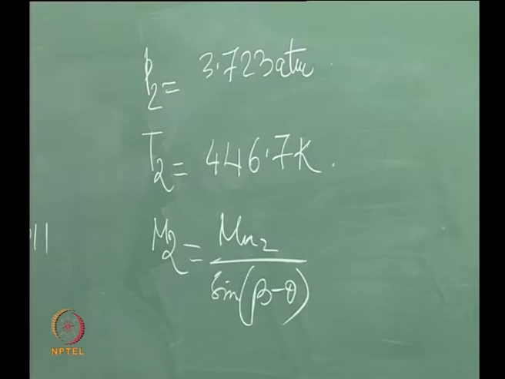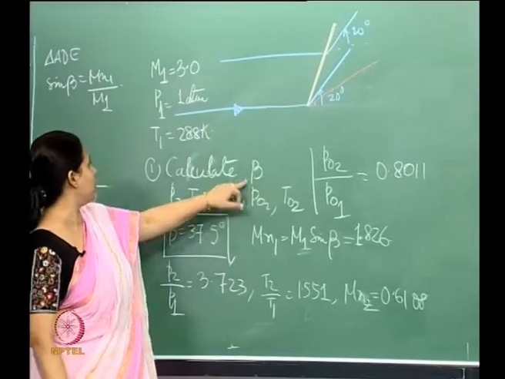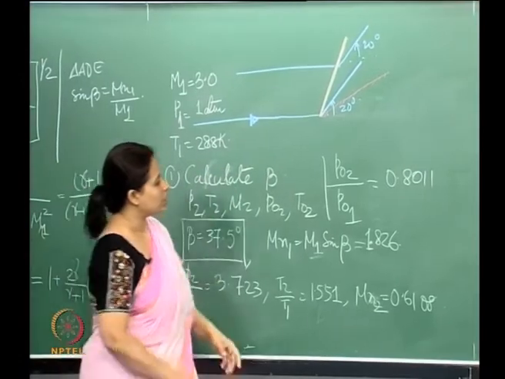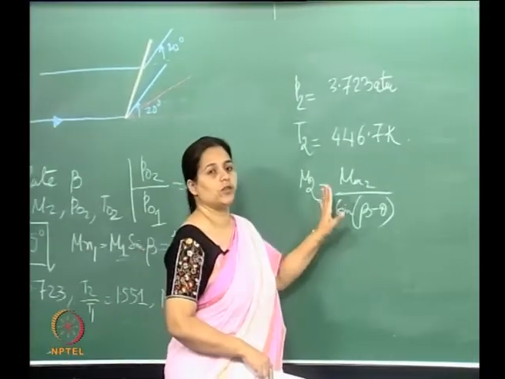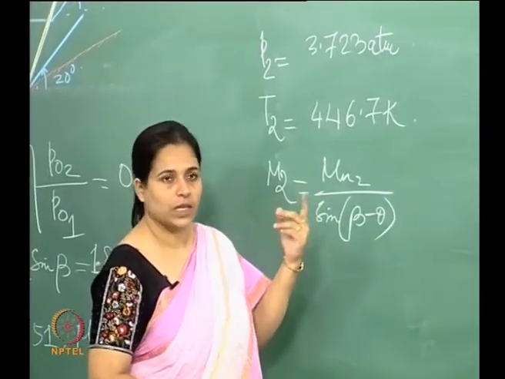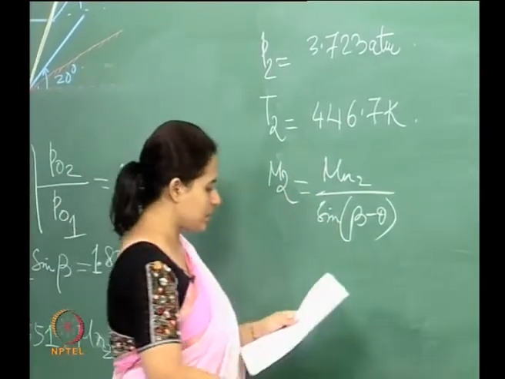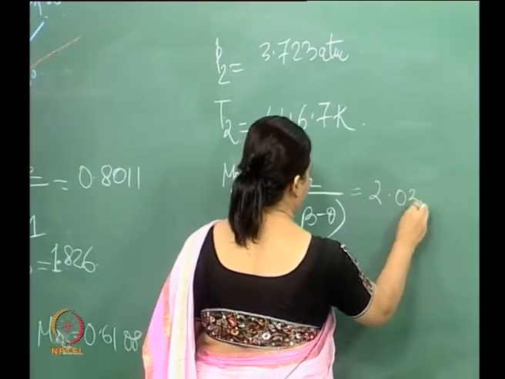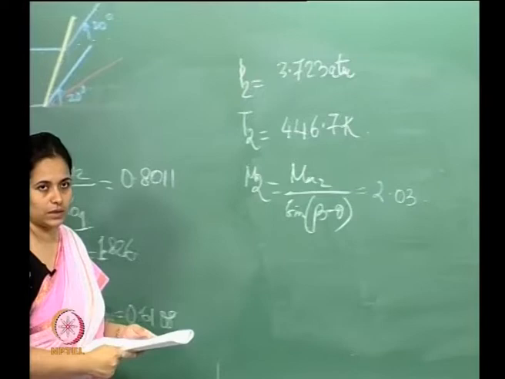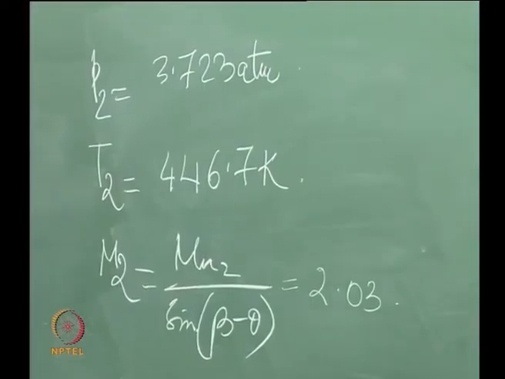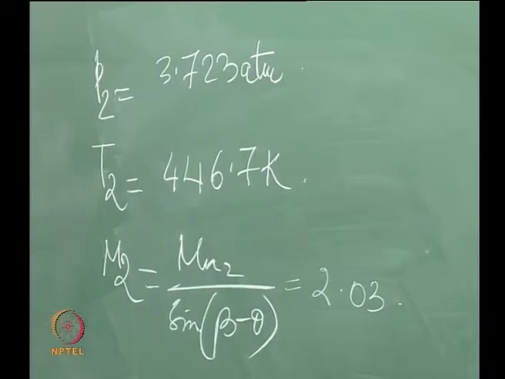So we know beta, the shock angle, and theta is given. Theta is 20 degrees. If you look at the geometry, the triangle ABC, then you will get this.